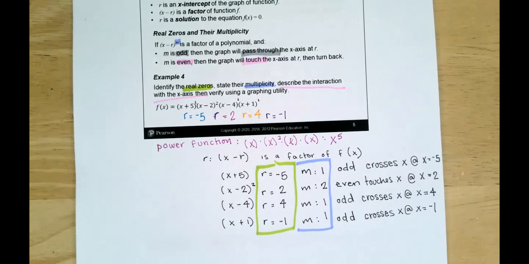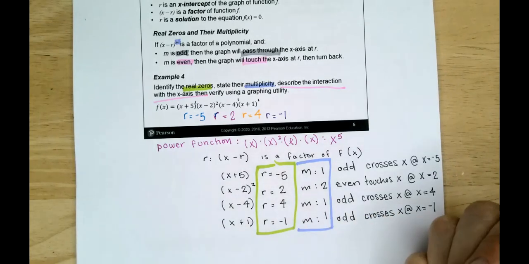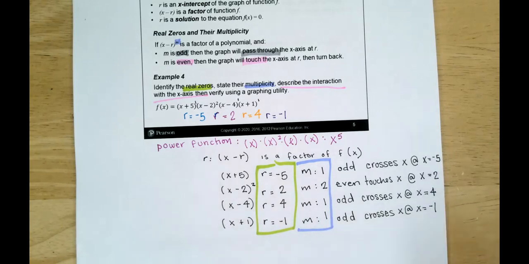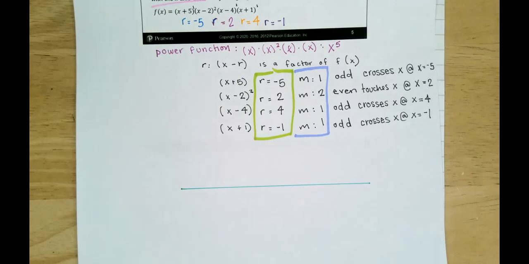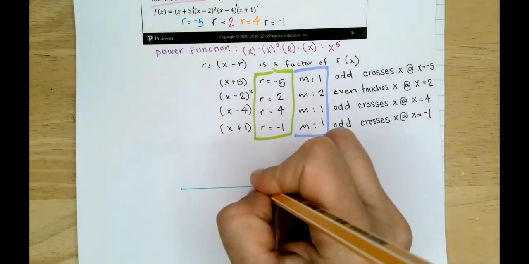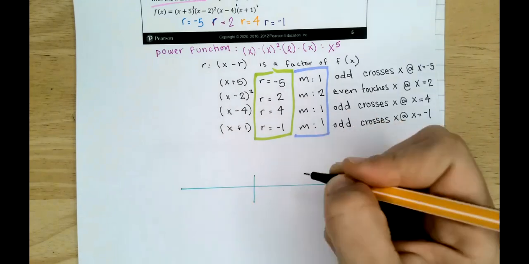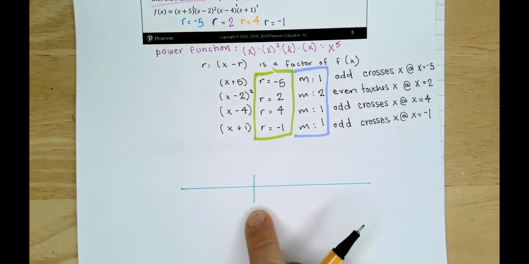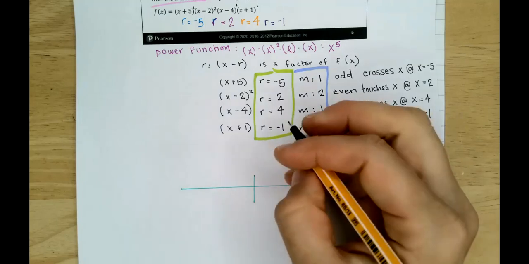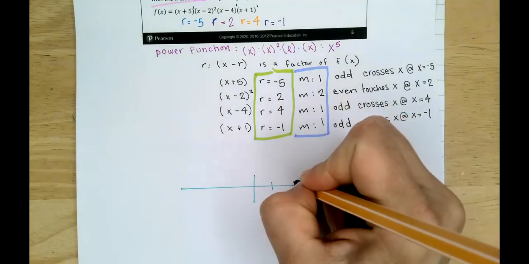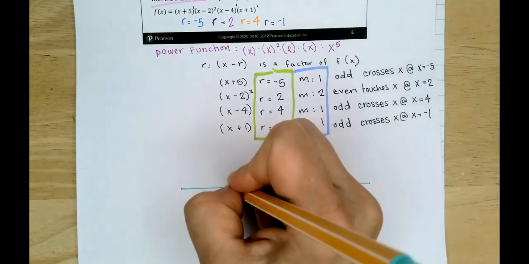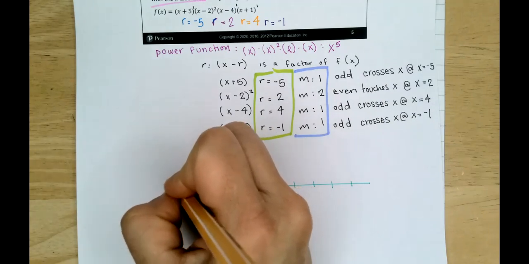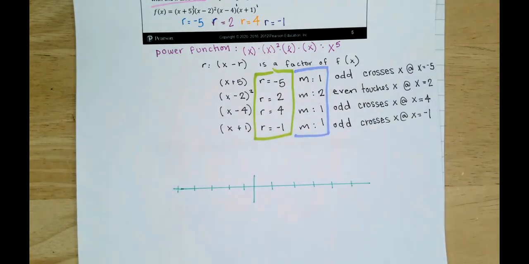No idea where my ruler is. I'll just say that this is x equals 0, x equals 1, x equals 2, x equals 3, x equals 4, x equals 5. Good?